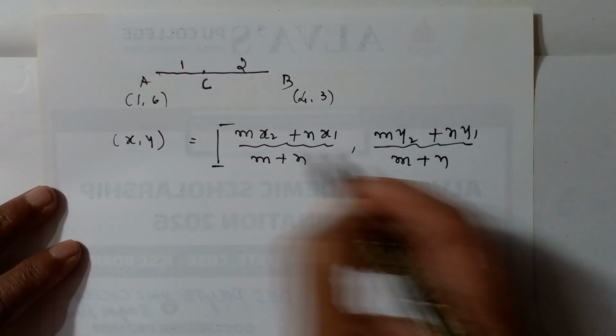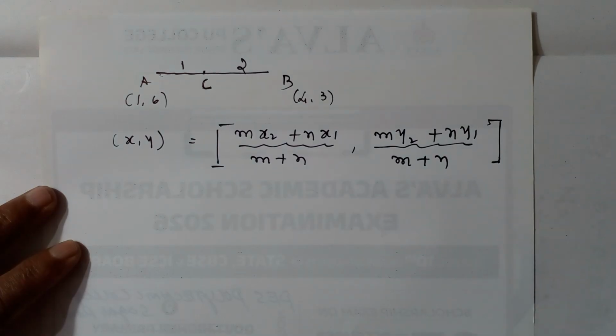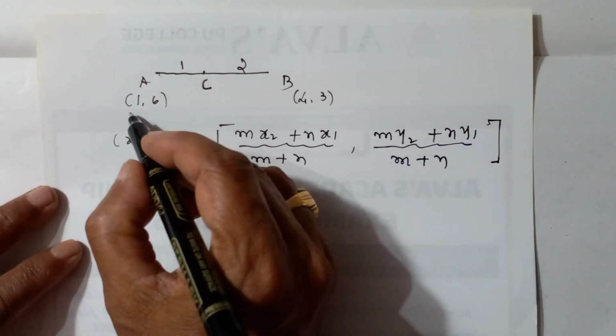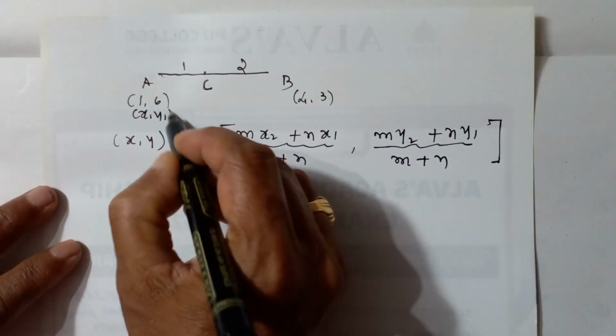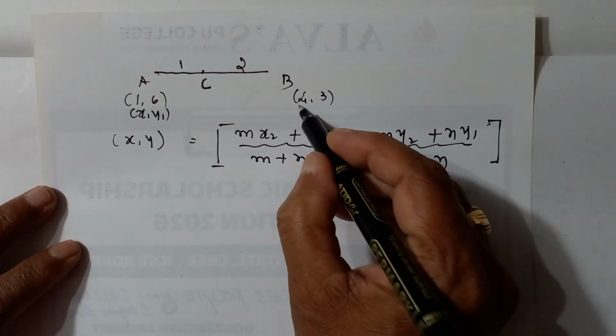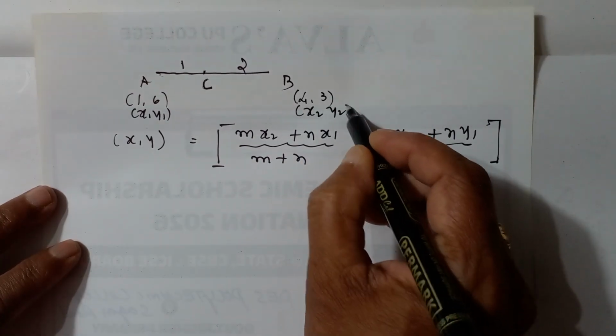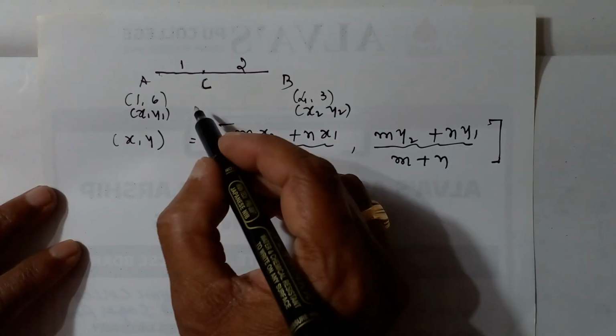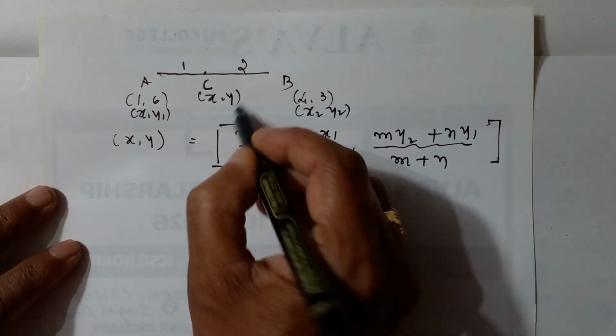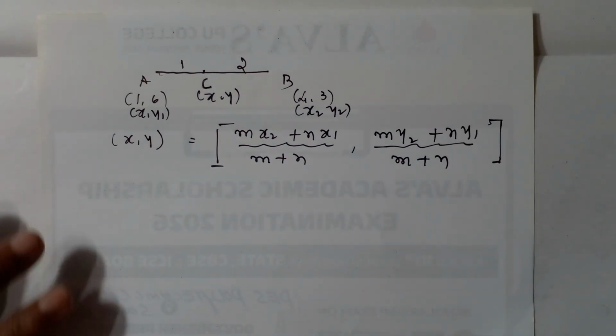So this is called the section formula. Here (1, 6) is taken as (x1, y1). Here (4, 3) is taken as (x2, y2). The coordinate of C is taken as (x, y), so that only we need to find.